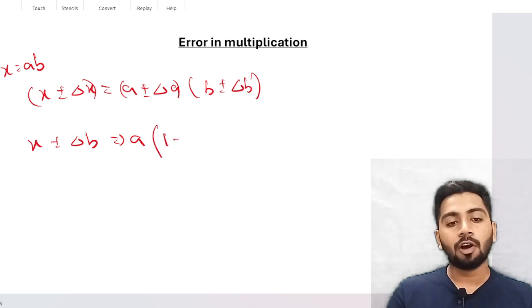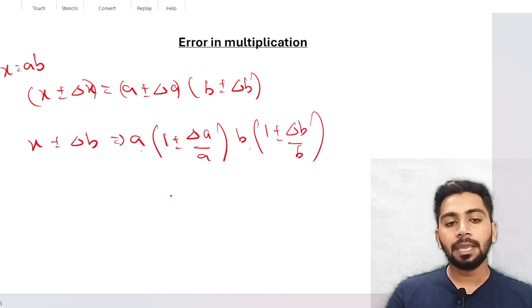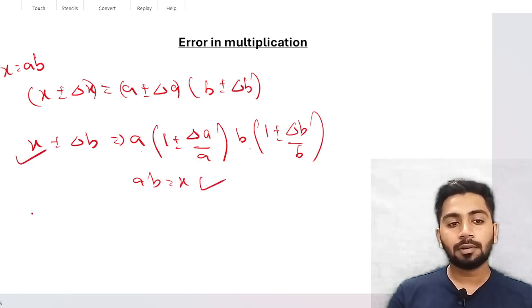If I remove a common, it will be error a divided by a, and if I remove b common, plus or minus error b divided by b. Now here ab multiplication will be ab, which is equal to x. So this x gets cancelled by this x, right?